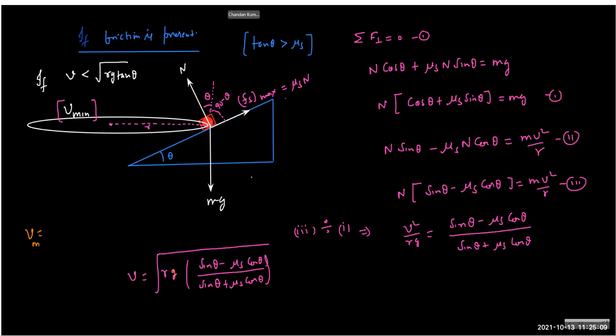This is the minimum value of velocity. You cannot go below this. And this we can further write, by taking cos theta common, as tan theta minus mu_s. This is the way you will read in books.